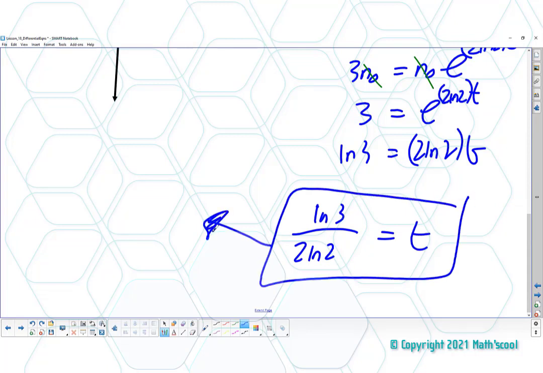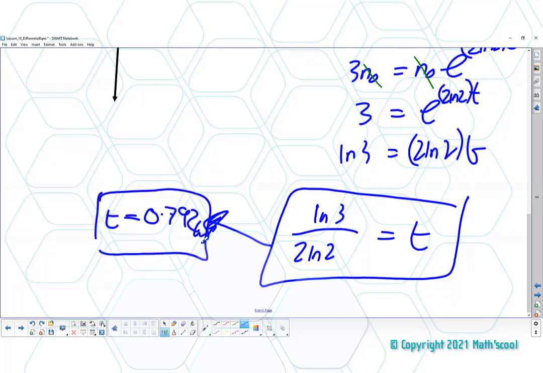Then when you decimal that, what does it give you? 0.792. So 0.792 hours. And what is 0.792 of an hour? Well, it's a bit more than 3/4 of an hour, a bit more than 45 minutes.